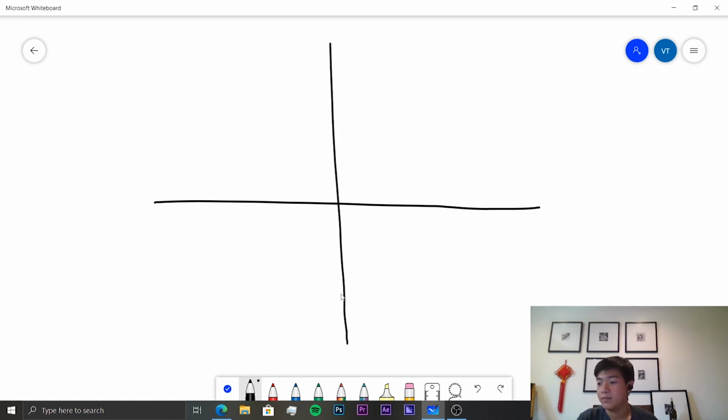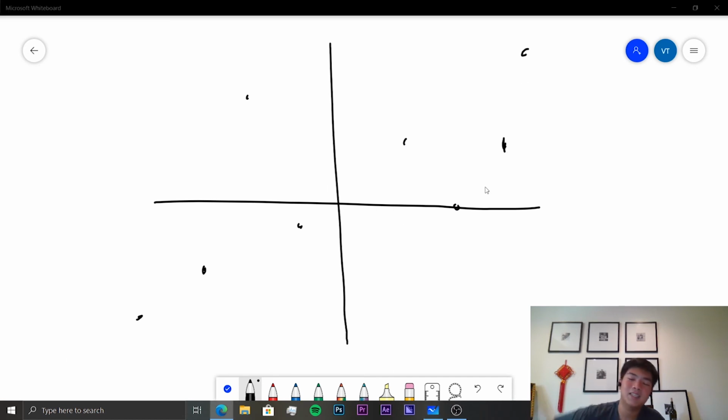We have, what in the world? Oh, we have a set of points. And the thing is, this doesn't look like a curve, right? It doesn't look like a function, but actually it is a function.